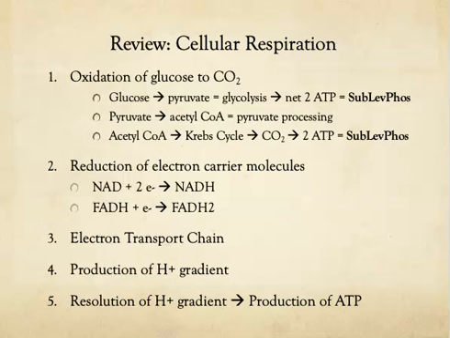Now, all of those electrons cannot be allowed to simply go away because the energy associated with them would be lost as heat. So instead, the cell captures all of the electrons released from glucose into what we call electron carriers.